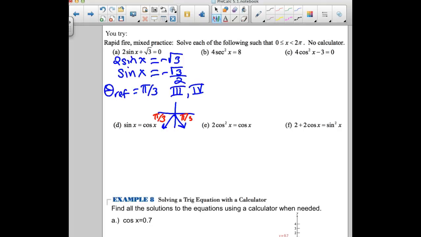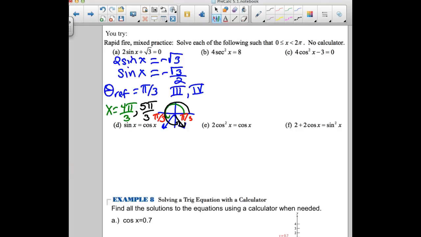So starting from 0 to go to here, we would get 4 pi over 3. And going all the way around to this one gets me 5 pi over 3. Again, you could find those right off of your unit circle.